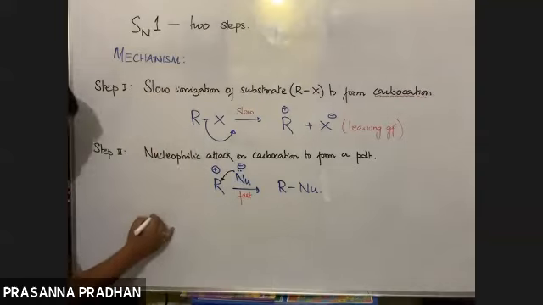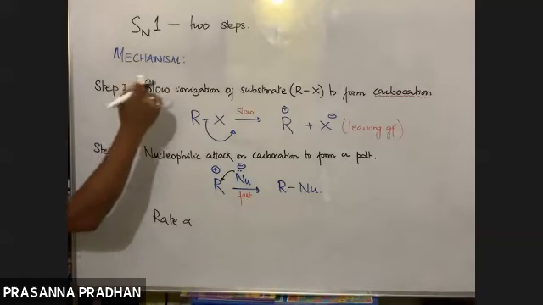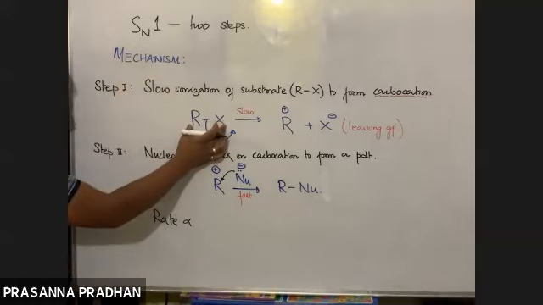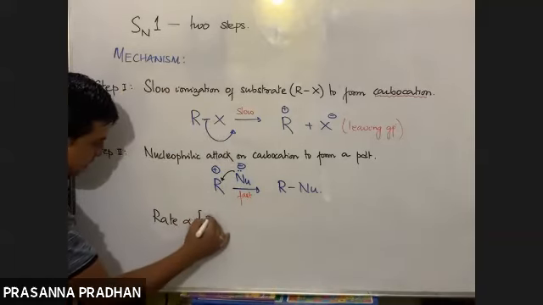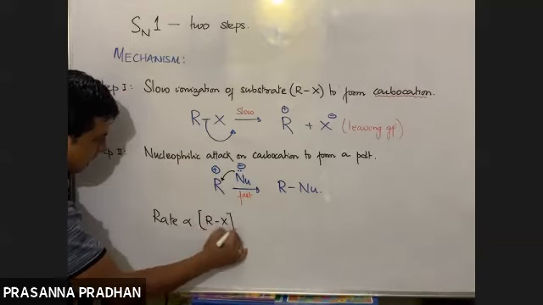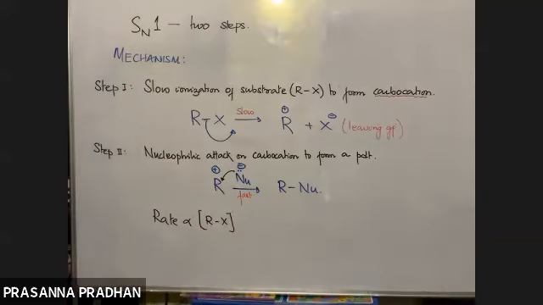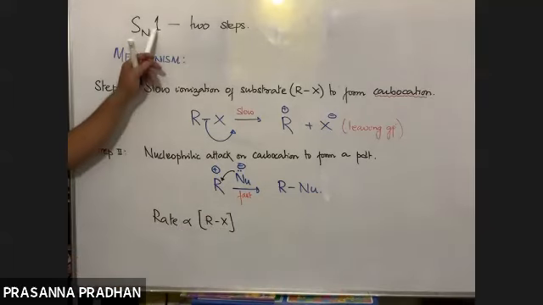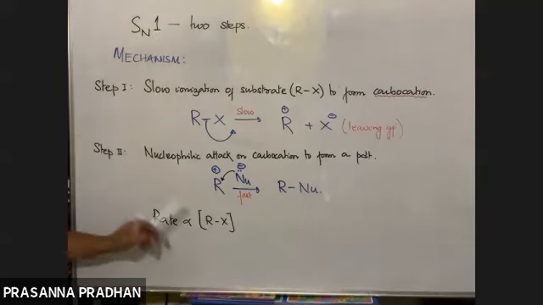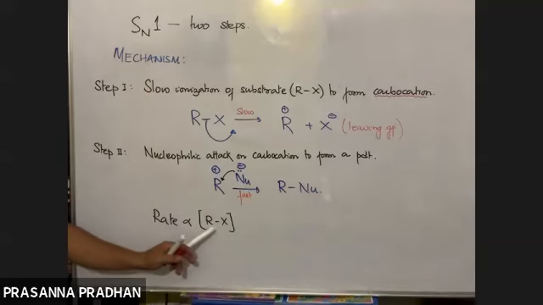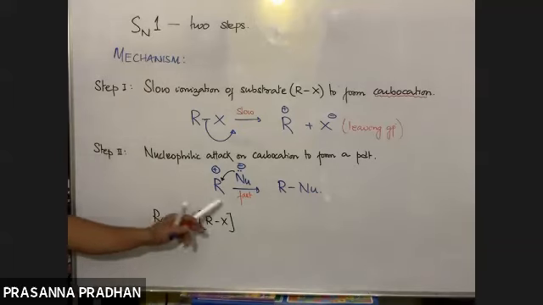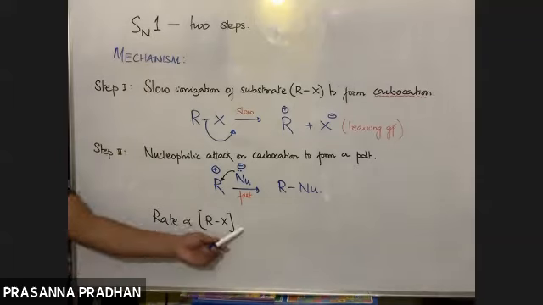So according to kinetics, in the slowest step there is only one reactant, so the rate is directly proportional to the concentration of alkyl halide. How many molecules are involved in the rate determining step? One. That is why it is known as a unimolecular reaction. The rate does not depend upon the concentration of nucleophile, because the rate determining step has no nucleophilic part.